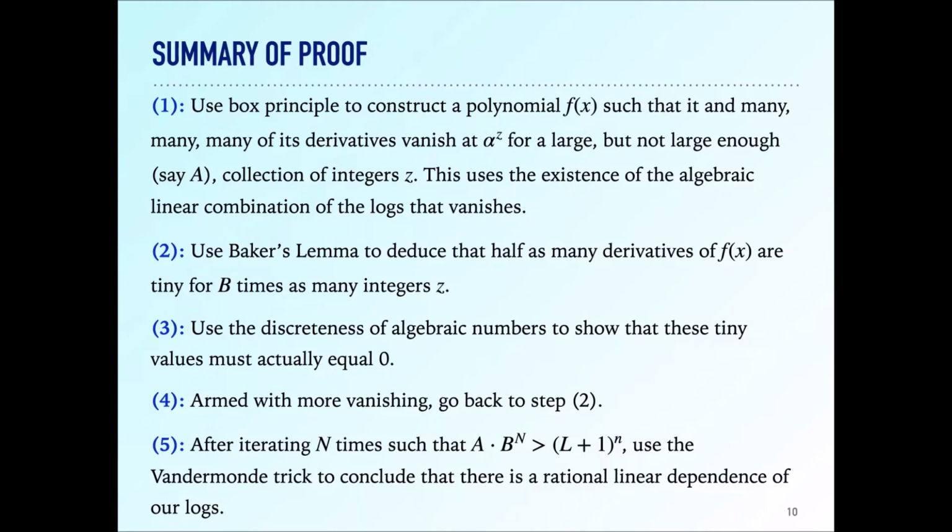Yeah, that's a good question. I can't say that it's clear to see that. I mean, the point is the algebraicity of the linear dependence they start with is very important, which allows you to show the vanishing from the fact that the function is very small.